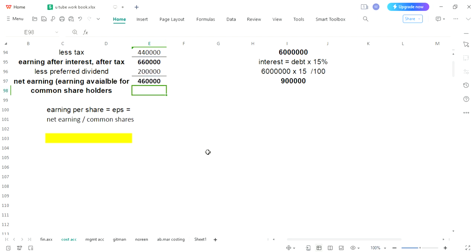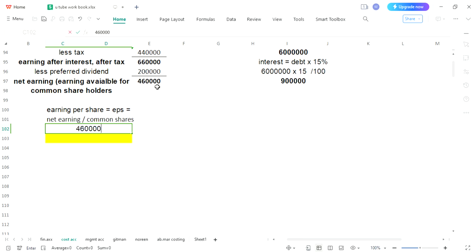We have got our income as 4,60,000. After calculations, we are now able to calculate earning per share, for which we need net earning or earning available for common shareholder 4,60,000, and we need to divide it with common shares.